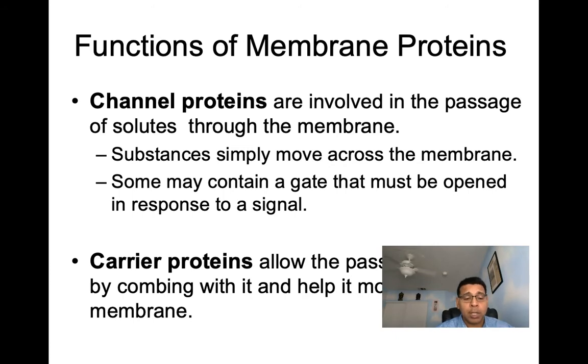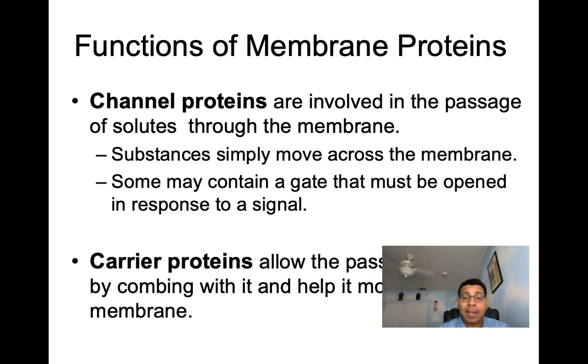The integral proteins can be of the following types. We can see here we have first channel proteins. Channel proteins are involved in the passage of molecules through the membrane.